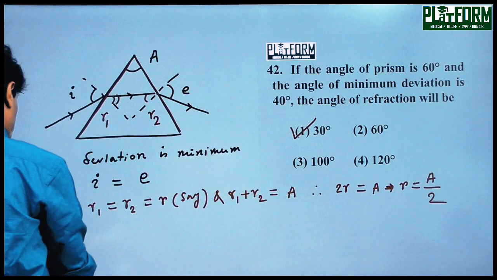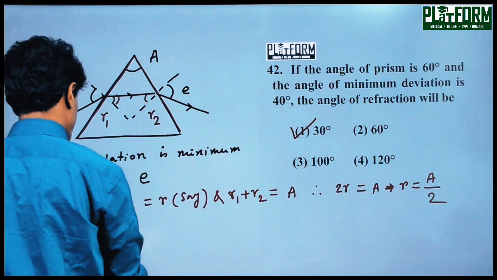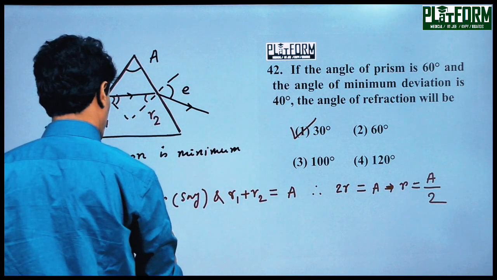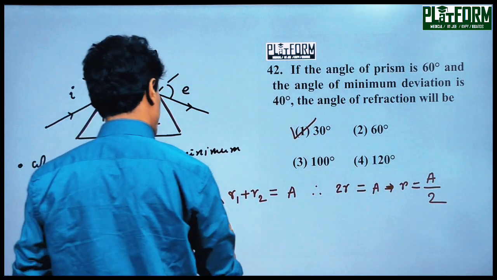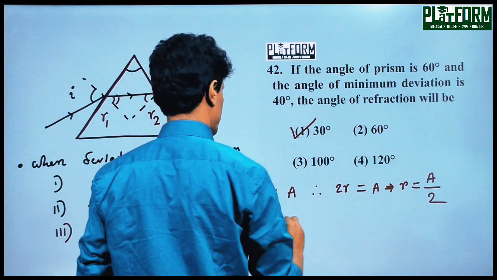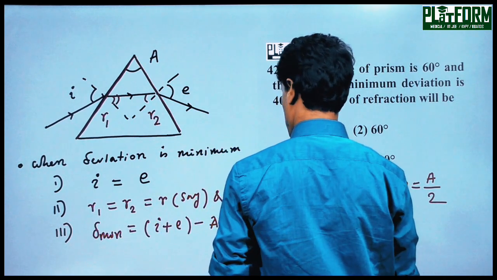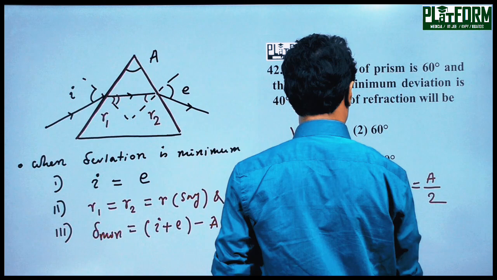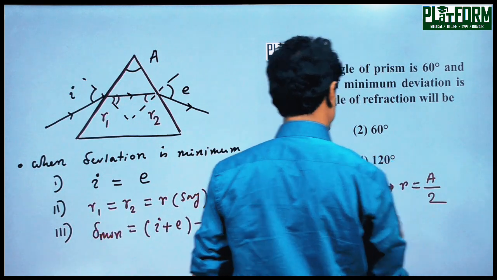Before leaving this question, I must say the minimum deviation equals I plus E minus A, and this is 2I minus A. So angle of incidence in this case we can say is delta minimum plus A by 2.